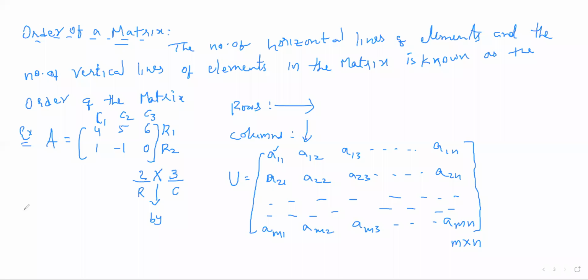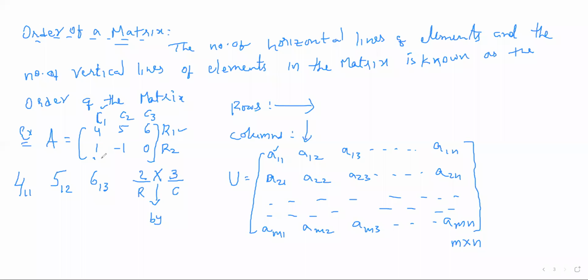So in this way, in this matrix we can represent 4. The first element is 4. What is the representation of 4 here? First row, first column. What is the position of 5? First row, second column, so 1, 2. What is the place of 6? It is in first row, third column, so 1, 3.